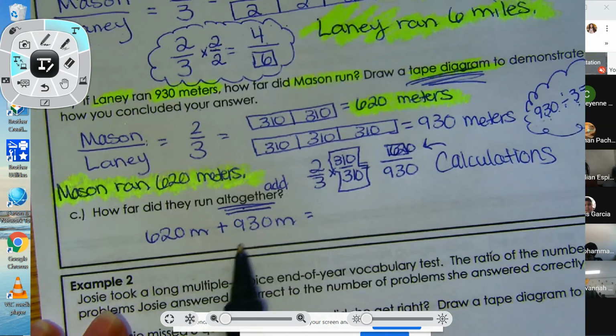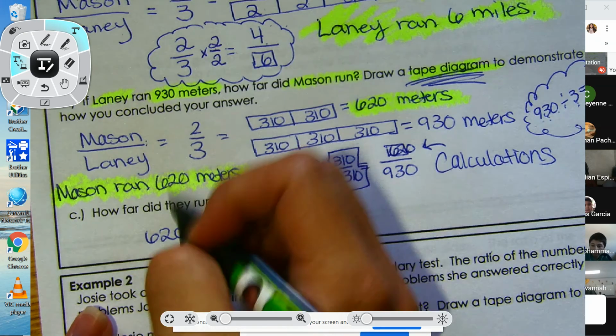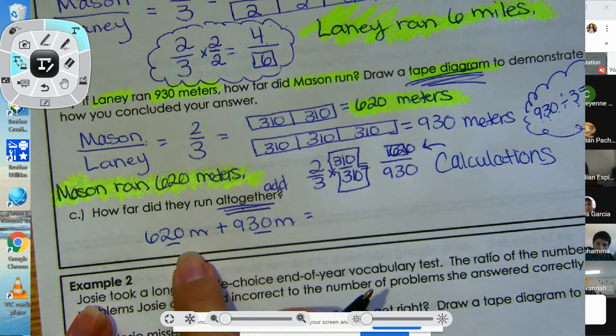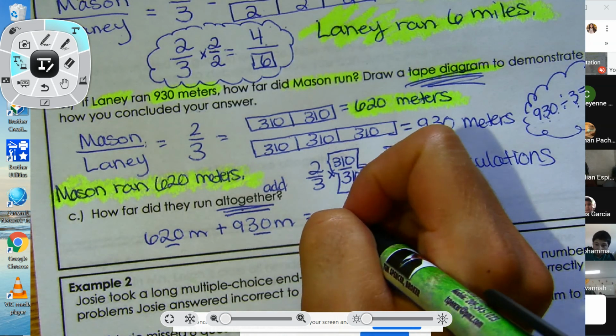All right, let's do this mentally. What's 900 plus 600? 1,550. You jumped a little bit ahead of me. You already added the 20 and 30, so hold that thought, okay? So we're just doing 600 plus 900. 600 plus 900 is 1,500, right?